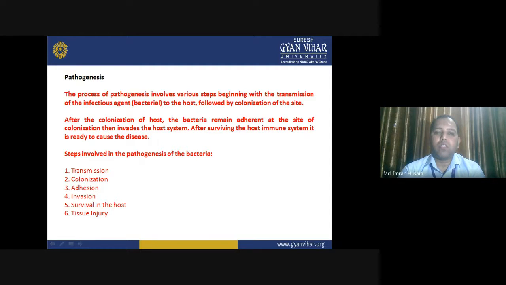After colonization of the host, the bacteria remain adherent at the site of colonization, then invade the host system.